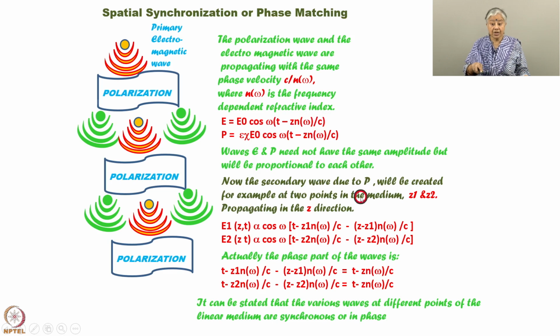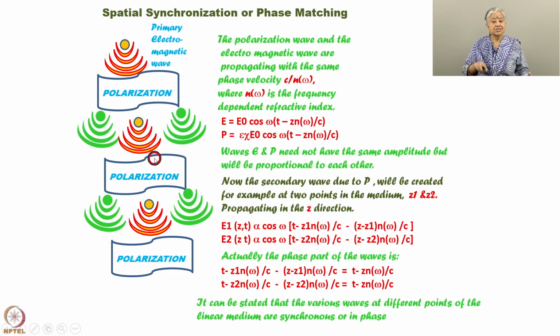Now, the secondary wave due to P, which will be created, for example, at 2 points in the medium. Just consider 2 points, Z1 and Z2. When I say the secondary wave created due to this polarization, what I mean is the secondary wave which will have a frequency omega, same as the primary wave, and it does create new frequencies also, which is 2 omega, which I will deal with later.